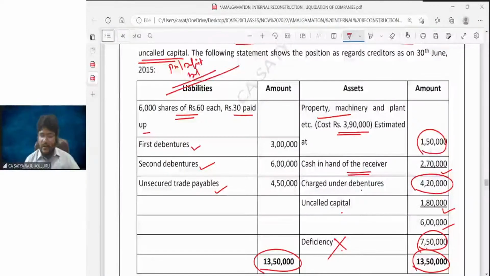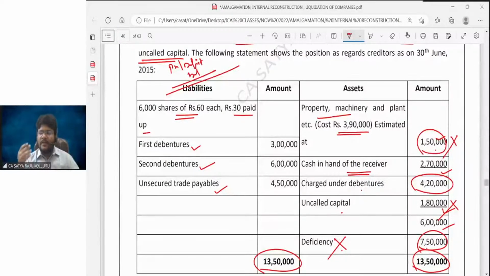Why, sir? Sir, in a balance sheet at any point of time, will you consider estimated figures? 1,50,000 is an estimated figure. You should not consider it. Is uncalled capital part of the balance sheet? No. Uncalled capital is nothing but the capital contribution to be made by the shareholders at the time of liquidation of the company.